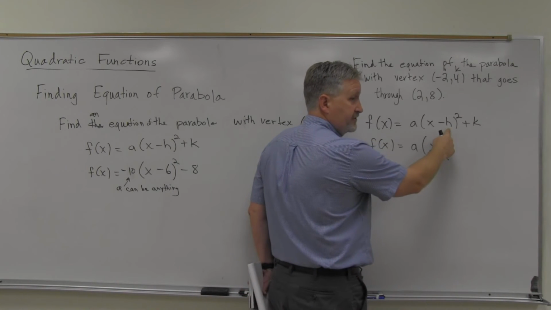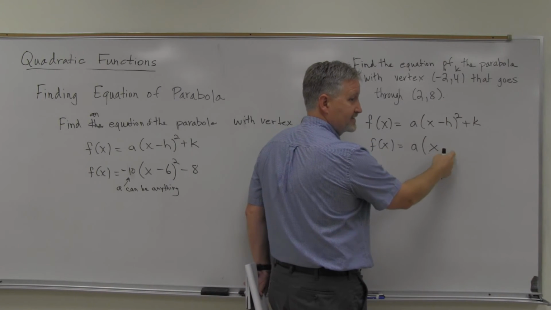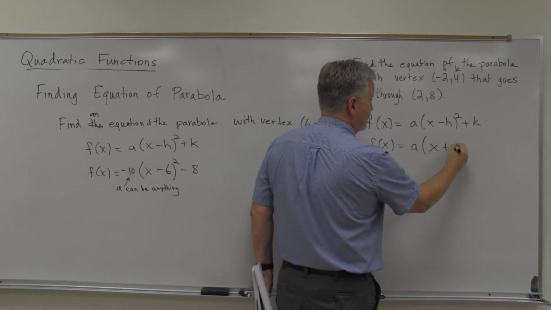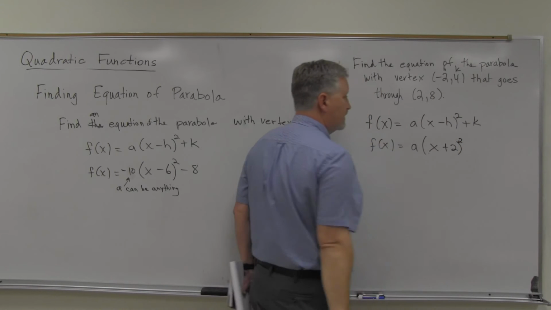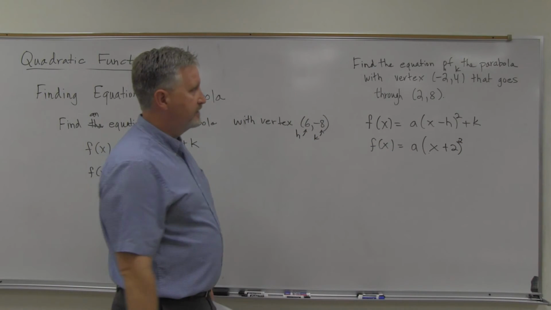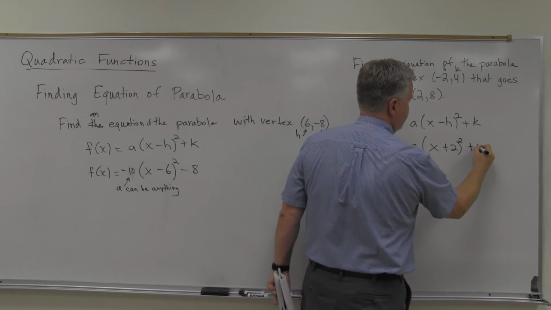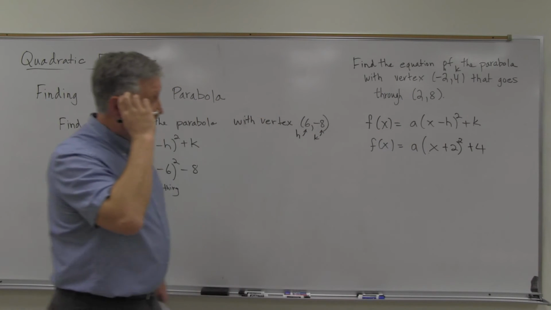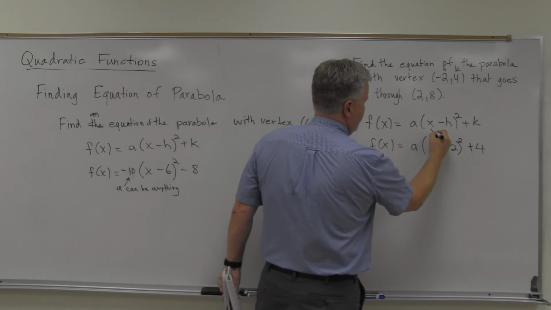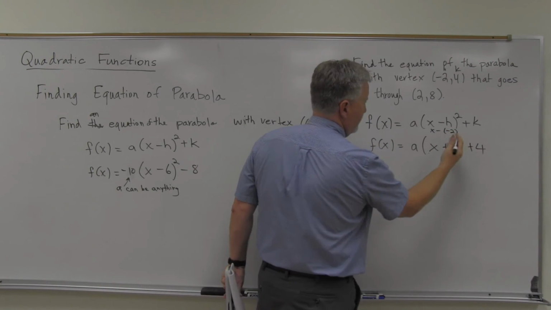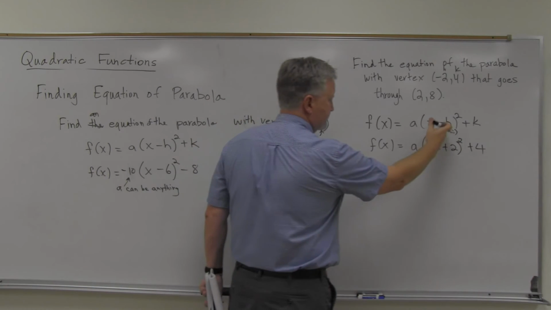Now the h is negative 2, so what will be here? x plus 2, yeah. It'll be the opposite of the h, if you will. x plus 2 squared, and then the k is 4, so this will be plus 4. It is the same sign, if you will. h switches. I mean, if you think about it, it's x minus negative 2. That helps you. So it's x plus 2.